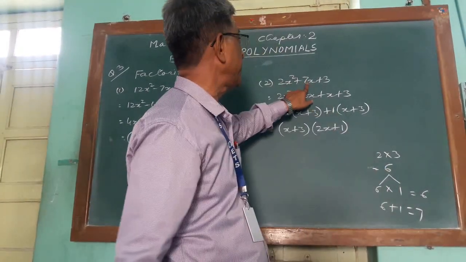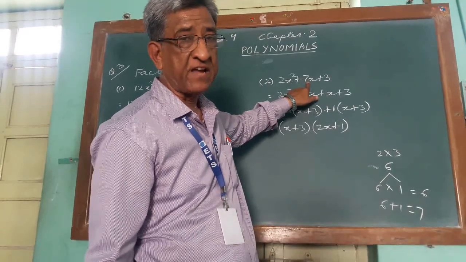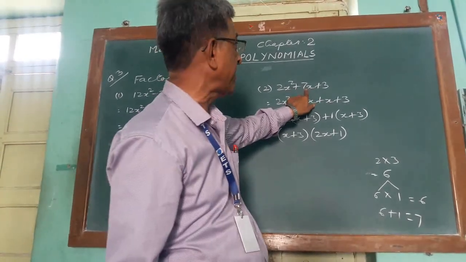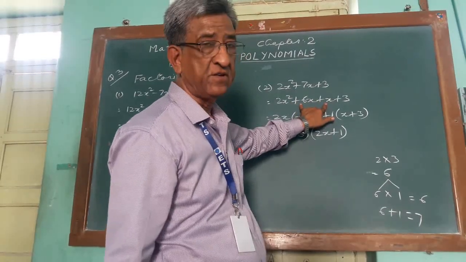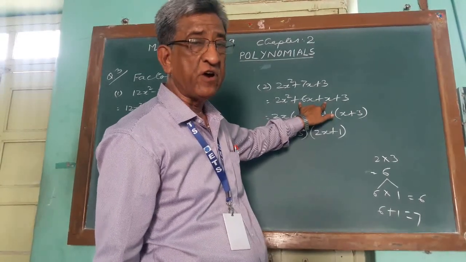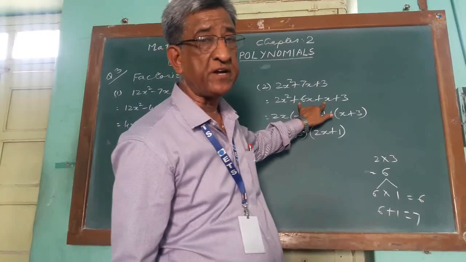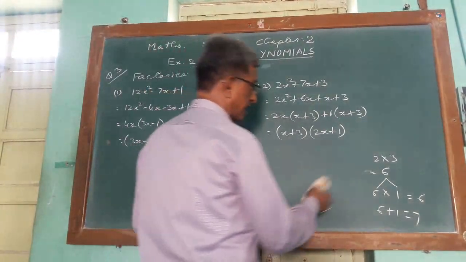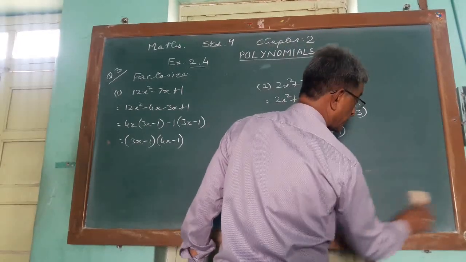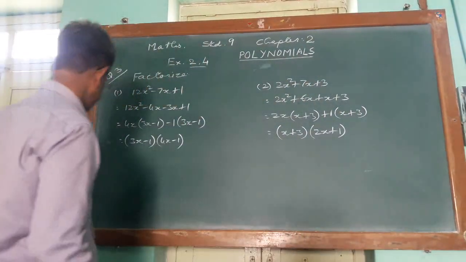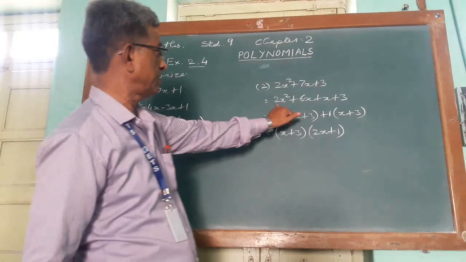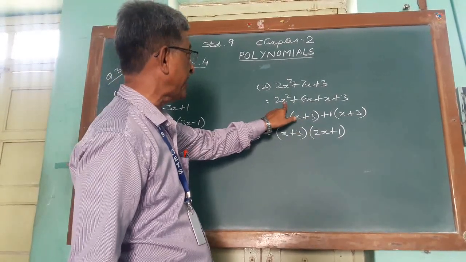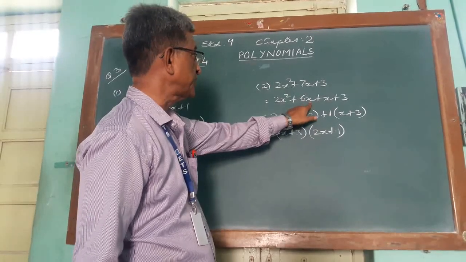So I will split this 7x. Instead of 7x I am writing 6x plus x. Now we have to take common from the first two and last two. Common from the first two will be 2x. 2x into x, 2x square. 2 3s are 6x.